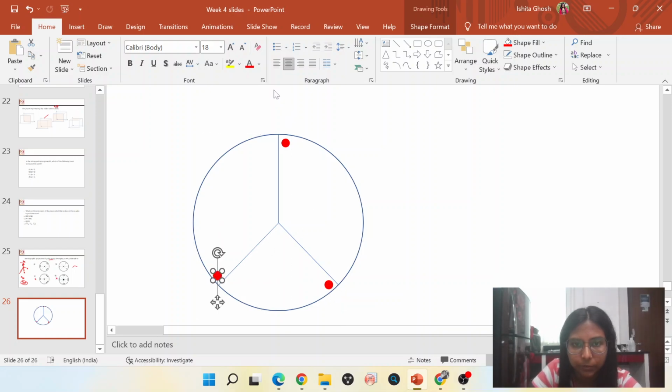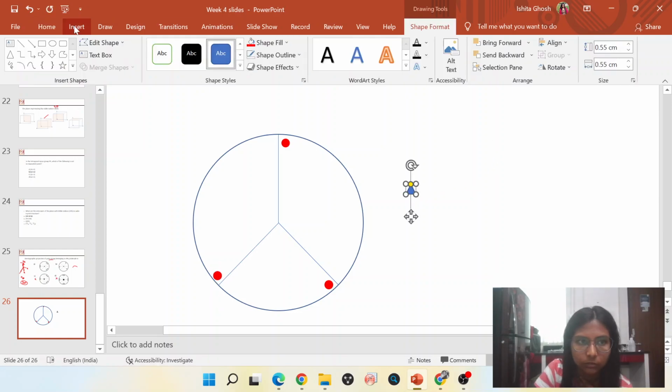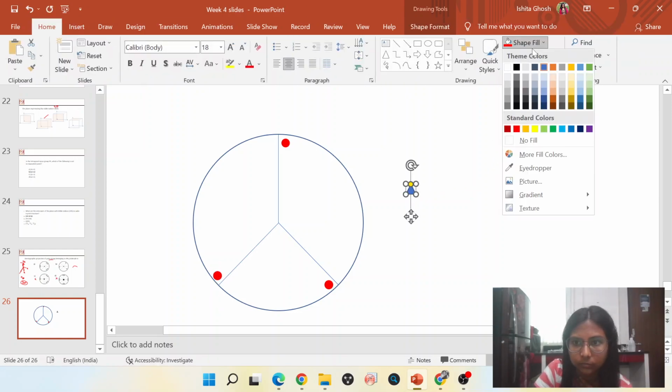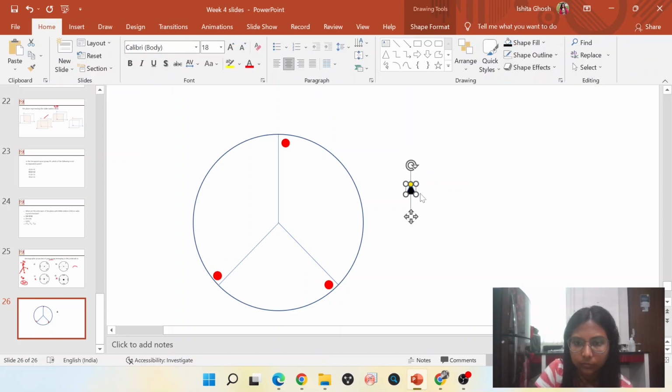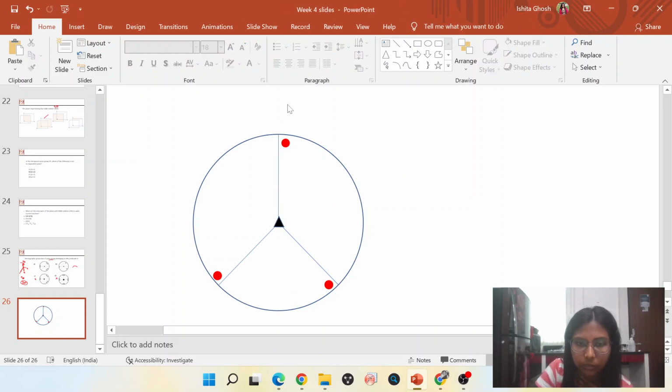Then if we have a mirror, the 3 is going into the screen of the laptop, right? So this is perpendicular, and for that we use a triangle. We can put a triangle to indicate that, and then the mirror will be along this.